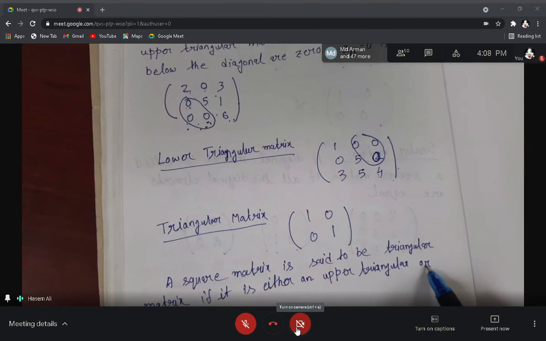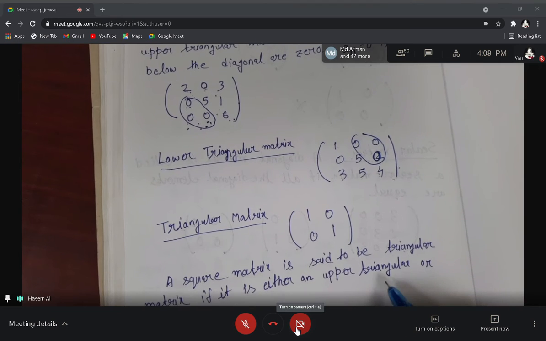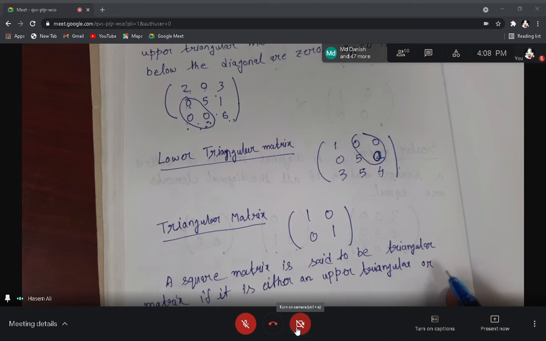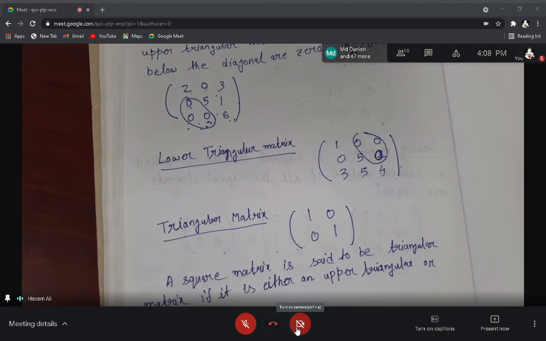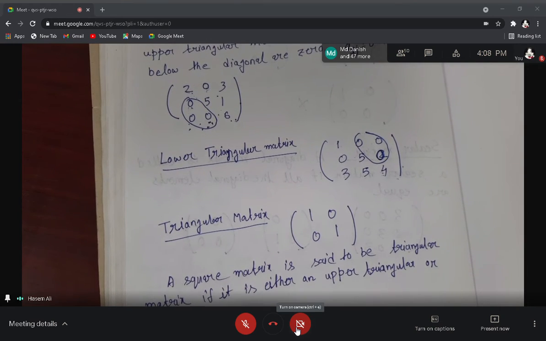It is either upper triangular or lower triangular. In both cases the matrix will be called a triangular matrix.